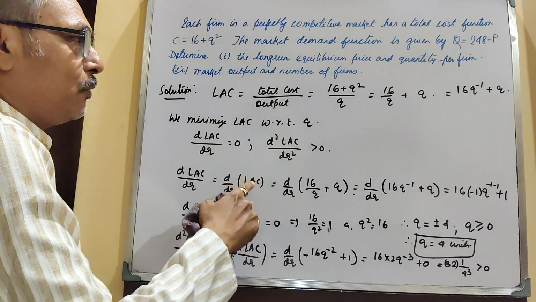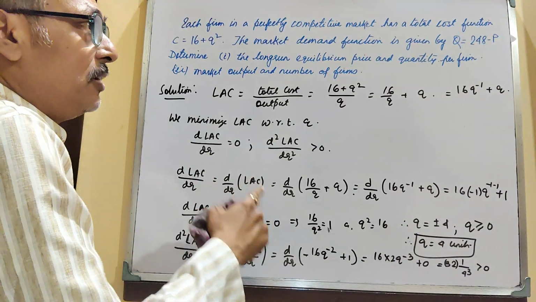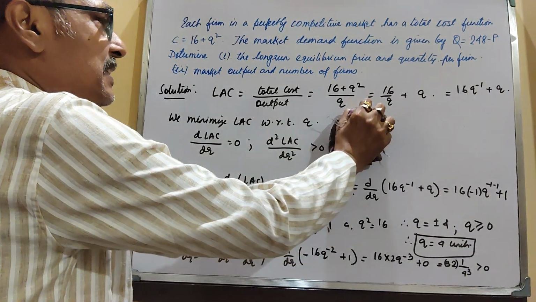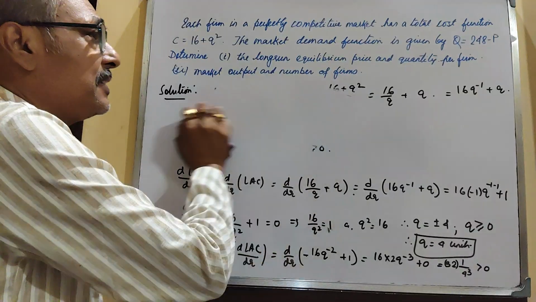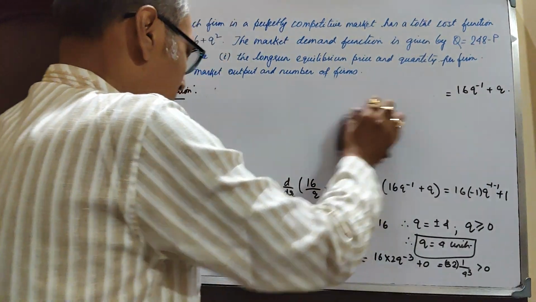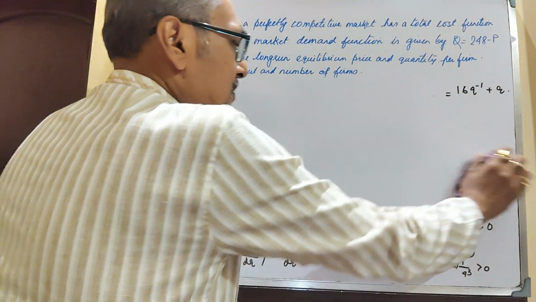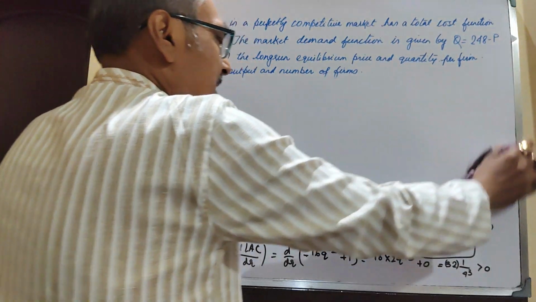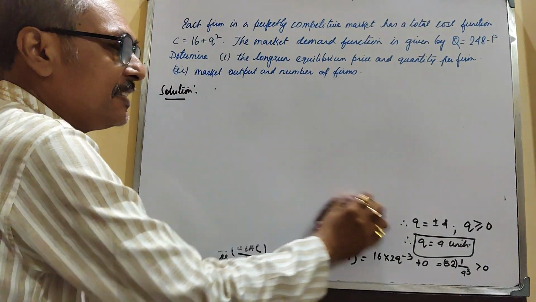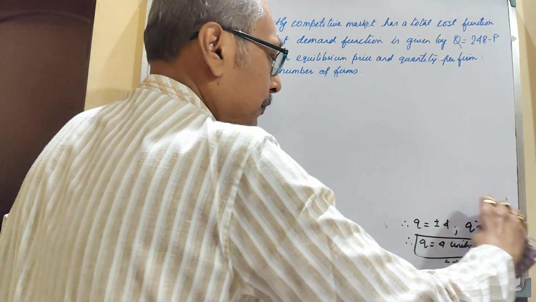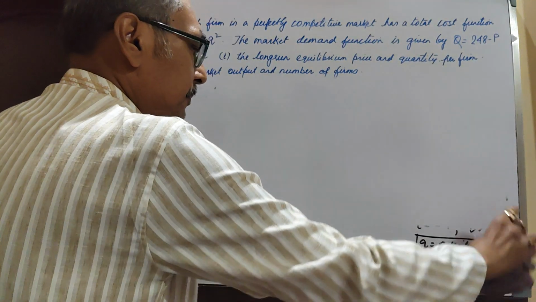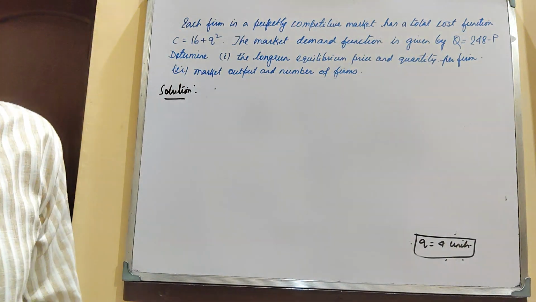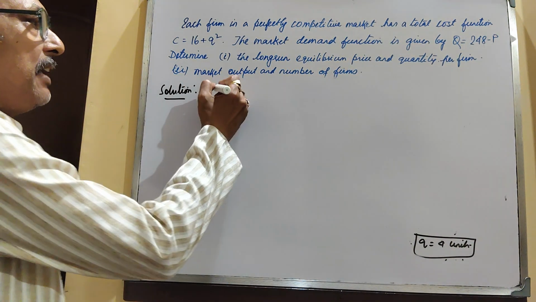Now we have to calculate the long run equilibrium price. What is the long run equilibrium price? That is minimum LAC, the value of LAC at q equals 4.